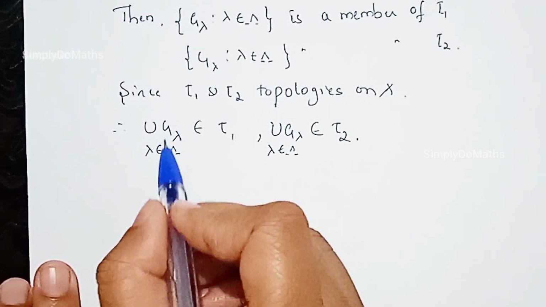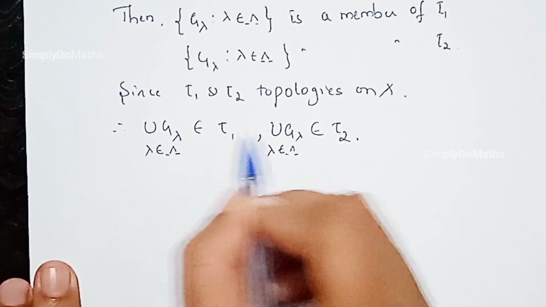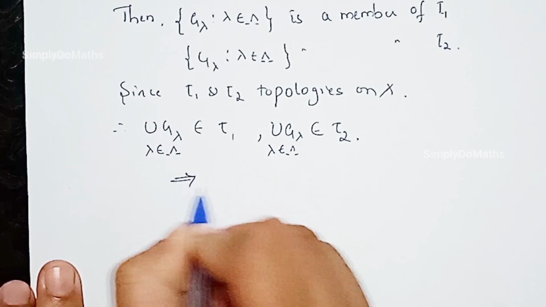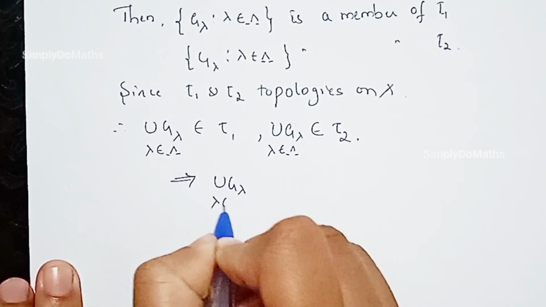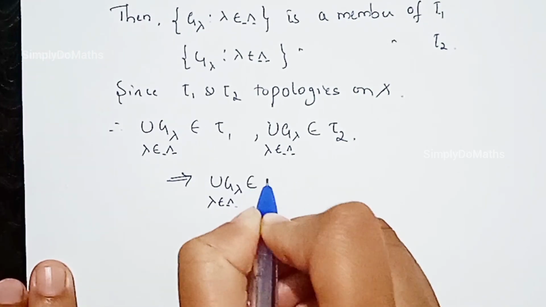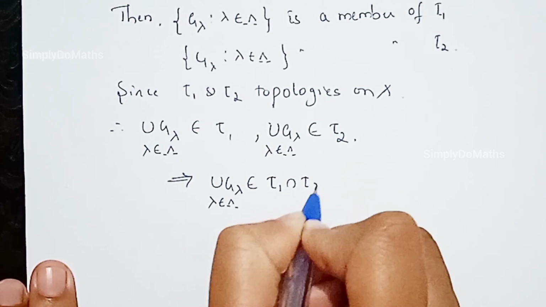As we got union of G lambda belongs to tau1 as well as tau2, we can write union of G lambda, provided lambda belongs to the index set, belongs to tau1 intersection tau2.